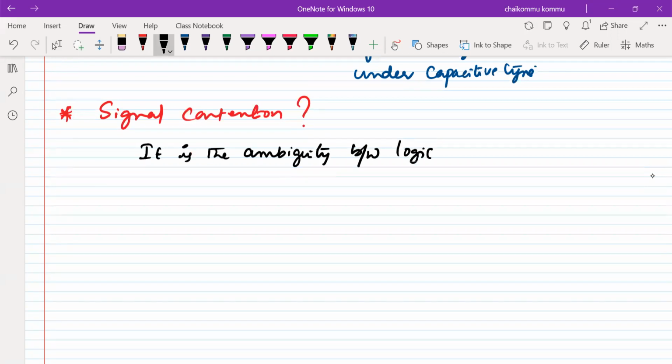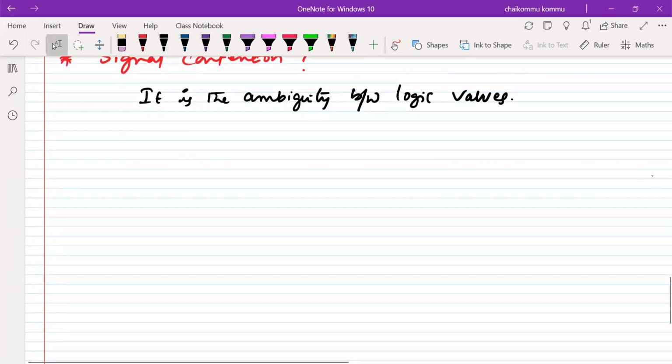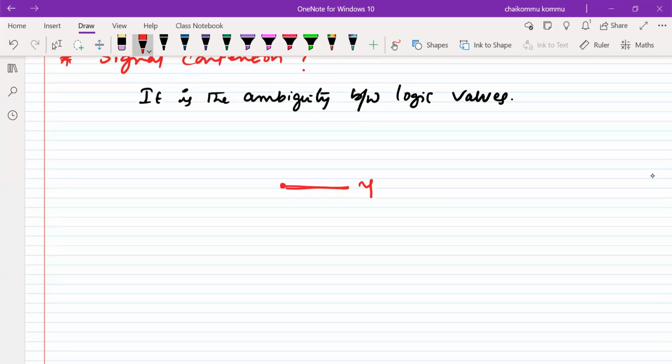So what do you mean by this? For example, you consider we have one line going here, so one node is here. It is considered as an output Y.